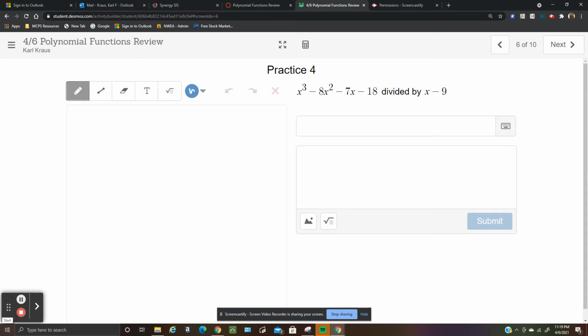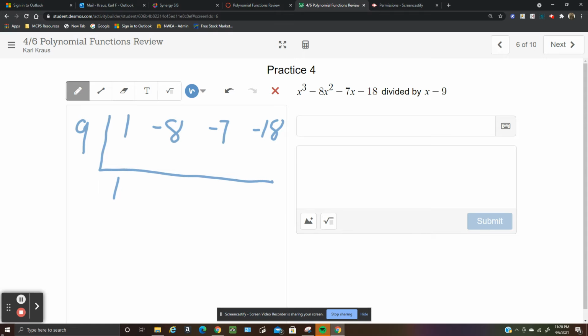And then number 6, I can use synthetic division again because this has an exponent of 1, no leading coefficient. So I'm going to do 9 on the outside. In the bracket is 1, negative 8, negative 7, negative 18.